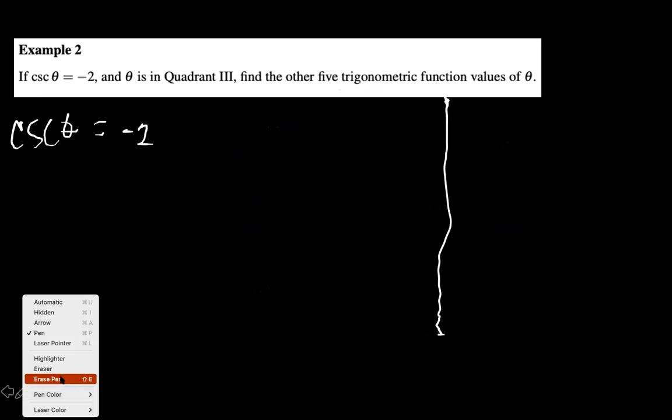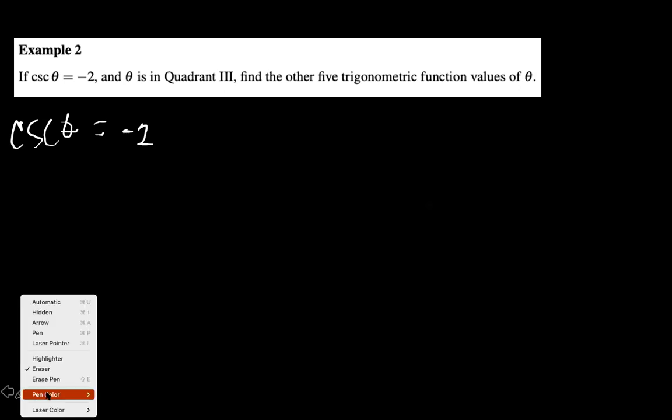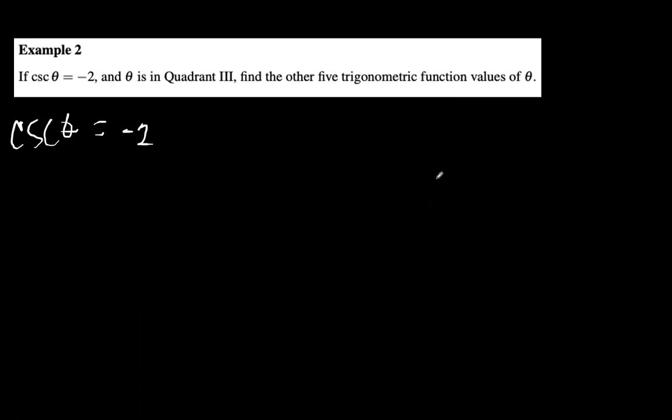Okay. So, cosecant theta is equal to negative 2. And theta is what? Wiggly. Remember that, guys. Let's sketch the graph or the illustration.